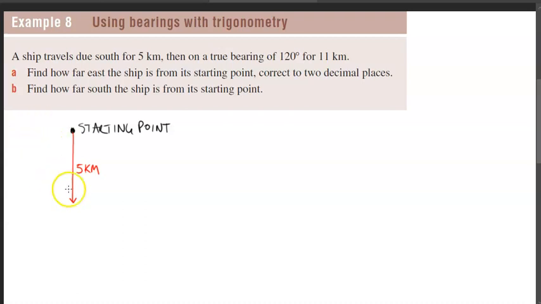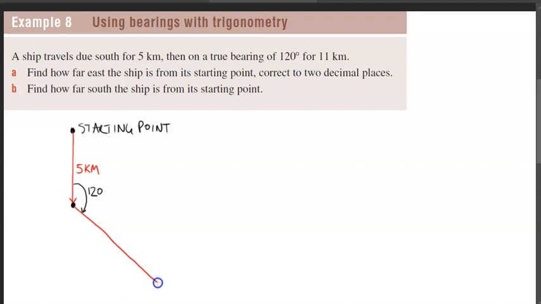So it's going to go for 11 kilometers, but we need to figure out which direction that is. So this is a true bearing of 120 degrees. So remember, true bearing is measured from due north, and we're going to rotate around past 90 till we get to about there. So remember, true bearing is always measured from true north, measured at 120 degrees, and then from here it goes for 11 kilometers.